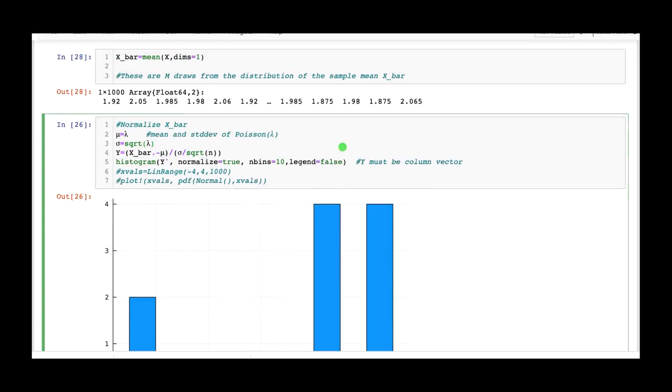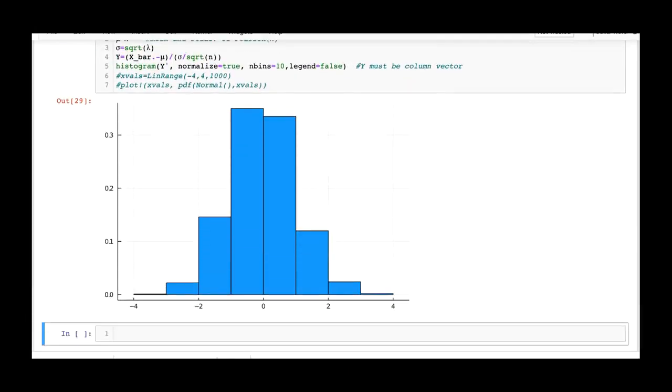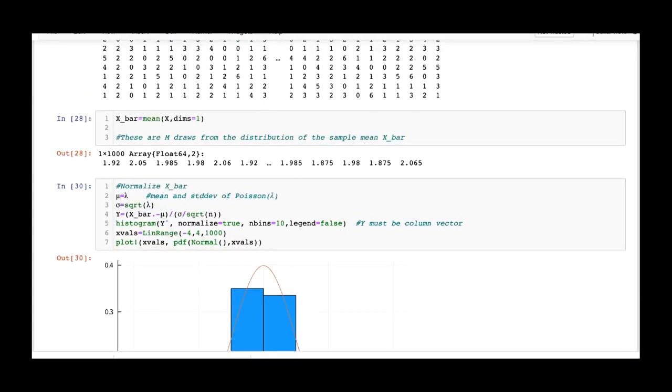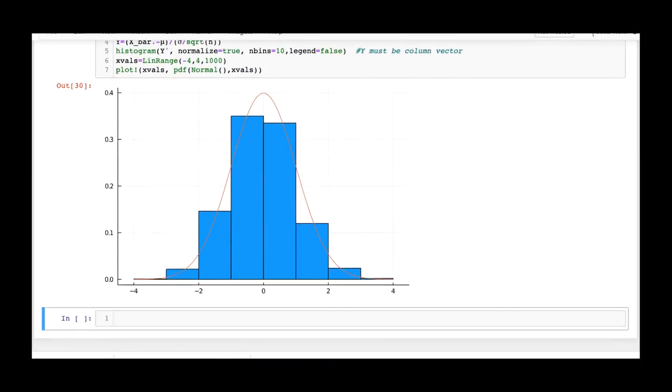We can normalize these. And if we then plot the standard normal PDF, we see that we sort of have a match. So when we take a sample of 200 Poisson random variables and we take the sample mean, that is approximately normally distributed, as shown by this histogram.